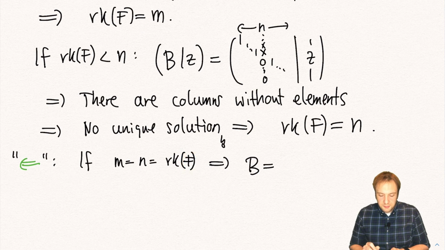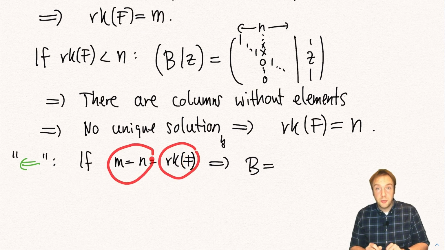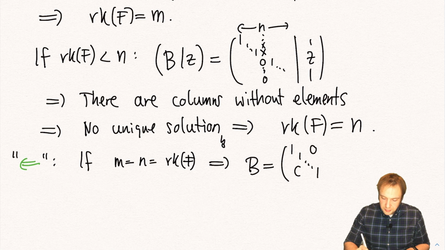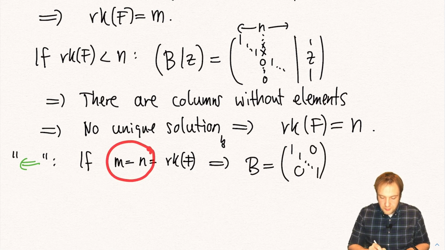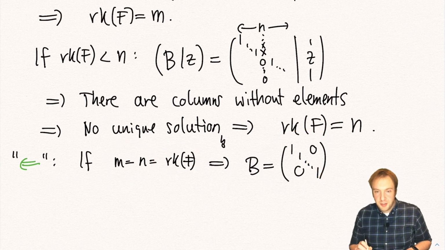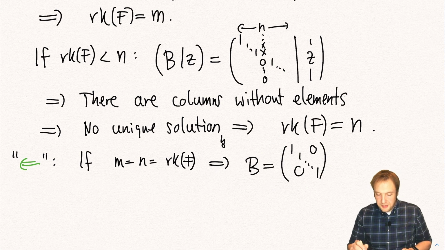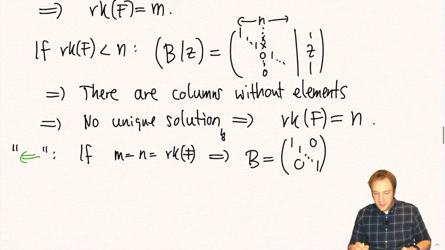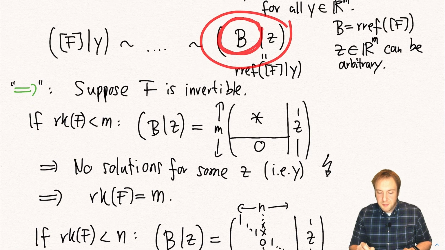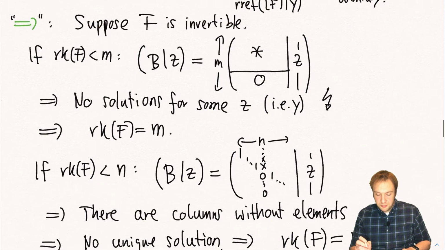And now the statement is the rank equals the number of columns and rows, but this just means that this B then is just the identity matrix. First of all, it's a square matrix, and in each column I have a pivot element, and therefore this is the identity matrix. But in this case, it's clear that I will have a unique solution, because every time I have the identity matrix here on the left-hand side, then for any y, I will have a unique solution.